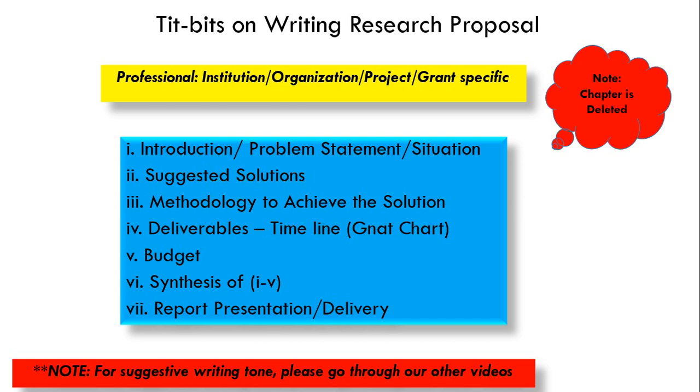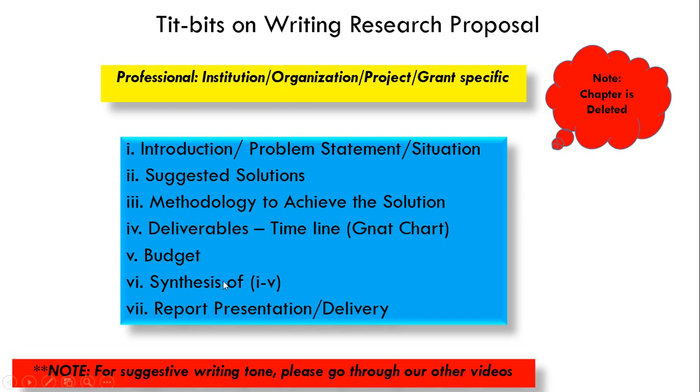And of course, while you are doing that, you have to specify the methodology, a specific scientific process as the case may be. Of course, you tell us deliverables and your timeline. Often this comes with your Gantt chart, whereby if the proposal you intend to write will take 6 months, a year, or 2 years, you need to put those deliverables, including the budget as the case may be.